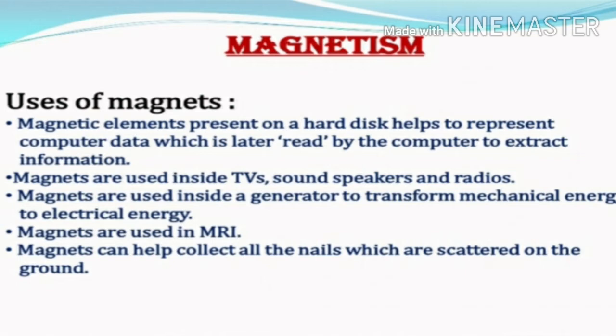Third, magnets are used inside a generator to transform mechanical energy to electric energy. Fourth, magnets are used in MRI, magnetic resonance imaging. Fifth, magnets are used in magnetic therapy to cure pain. Sixth, magnets can help collect all the nails which are scattered on the ground.